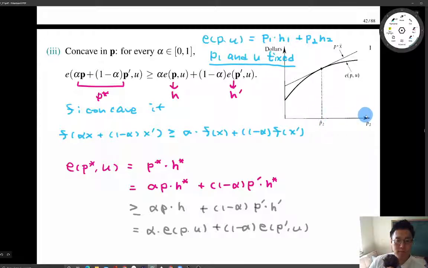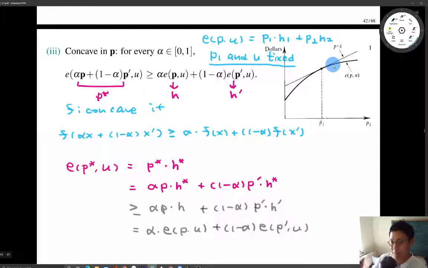Then concavity of the function E implies that the graph of the E function looks like this. It is concave downward like this. If we draw the supporting line, the tangent line at P2 bar, the graph of the function should be below this supporting line.